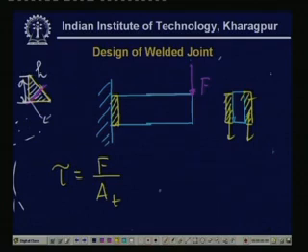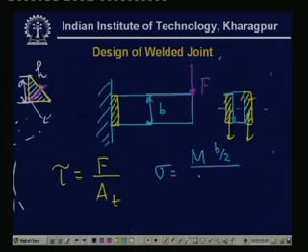Because of bending, sigma will be M times the distance from the neutral axis divided by I. The maximum bending stress will be here. If you consider this to be length b, then M b by 2 divided by I. What will be the I? I will be the I of this welded region only, the weld.